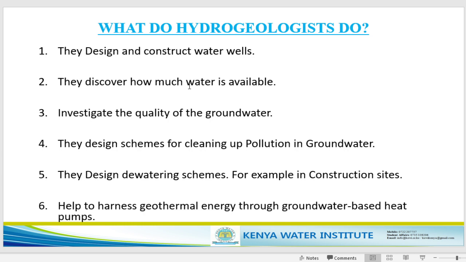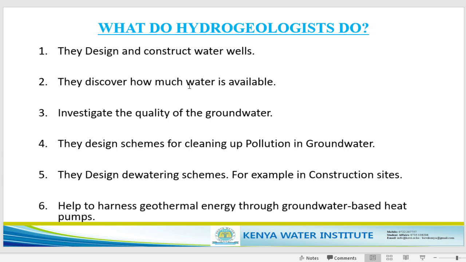So they will actually help in identifying where the aquifer is, so as to know where to put these heat pumps to heat the water and produce geothermal energy.